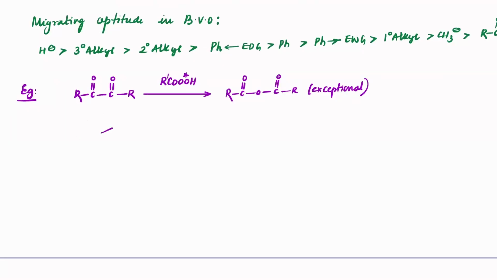Rest, if you have any other case, notice this one. If you have C double bond O and methyl, and I'm taking this as PhCO3H, then you will notice that the ester would be forming here because the migration would be much better between these two positions.